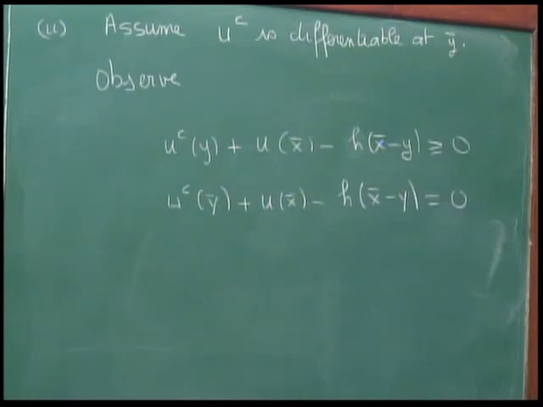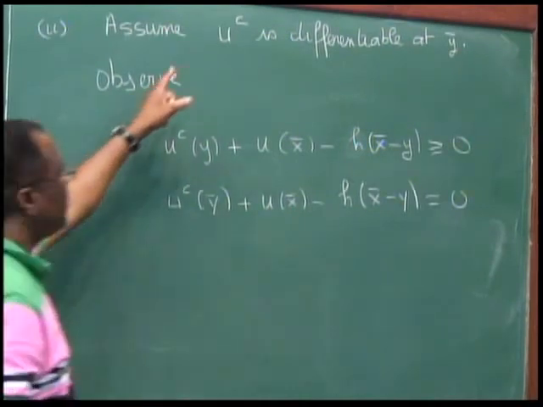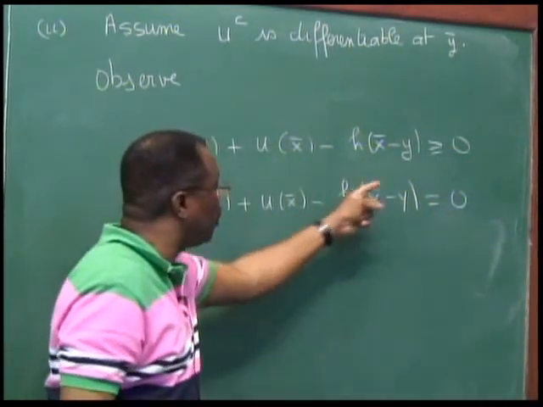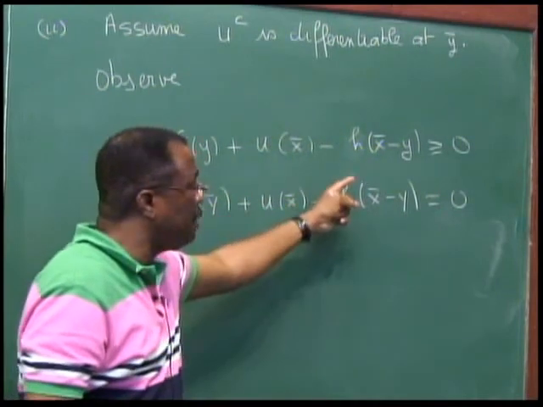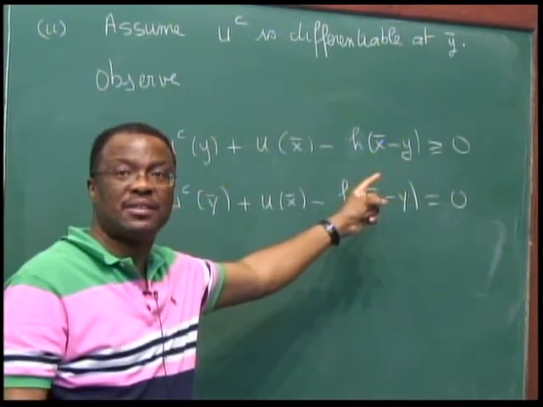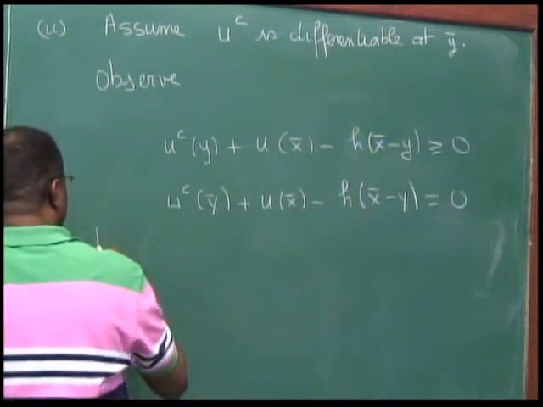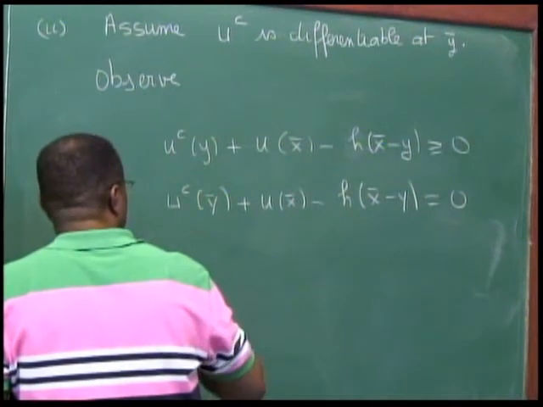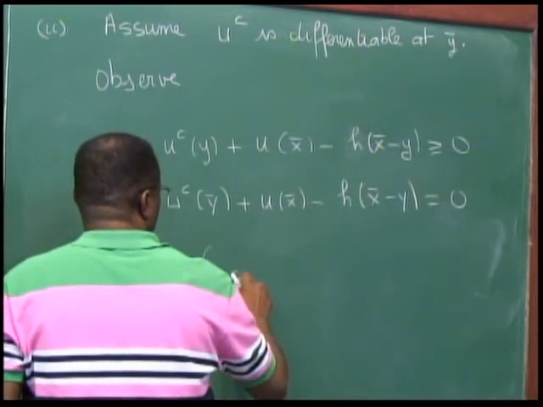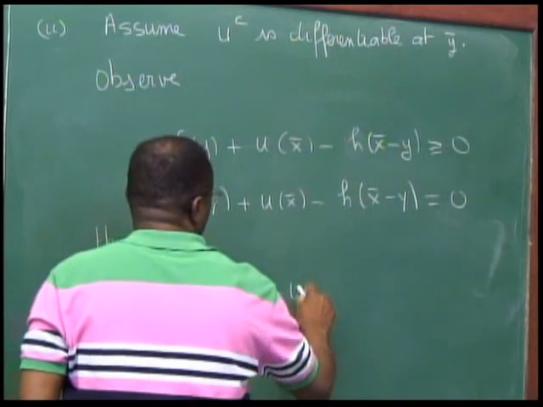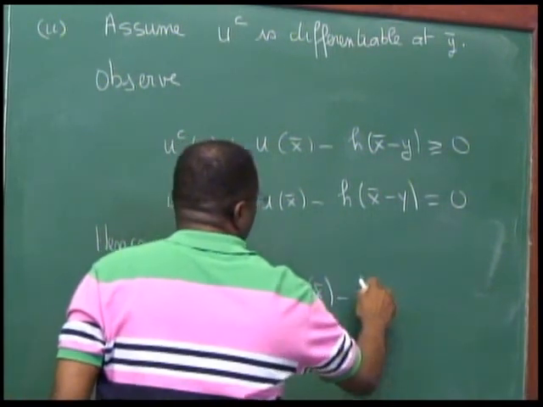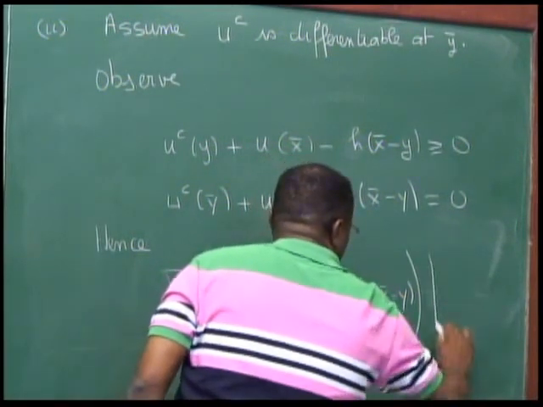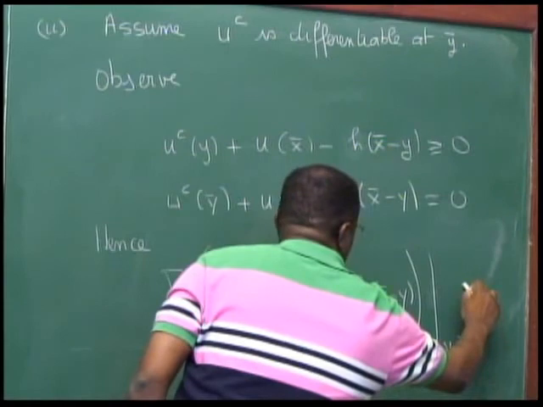I have assumed that UC is differentiable at Y bar. So I have assumed that this functional, at the point where the minimum is attained, has differentiability. So I can conclude that, hence, the gradient of UC of Y plus U of S bar minus H of S bar minus Y, when I apply it at Y equal to Y bar, I have 0.